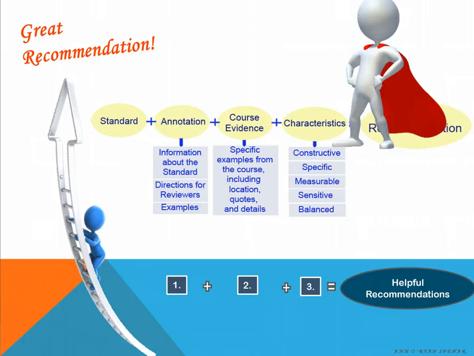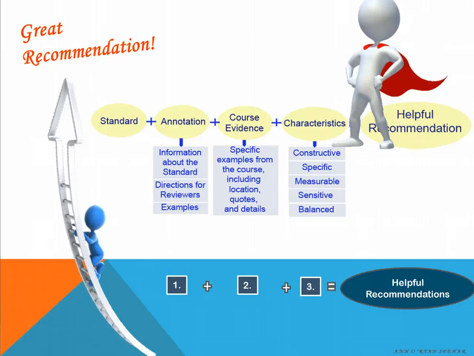And finally, it's very important to have the right characteristics when writing up your helpful recommendation. Be constructive, be specific, be measurable, and by all means be sensitive, and always have a balanced approach. All of this will help lead you to a helpful recommendation.